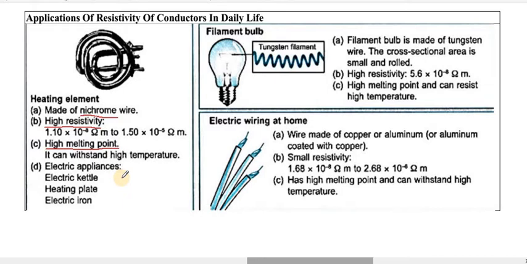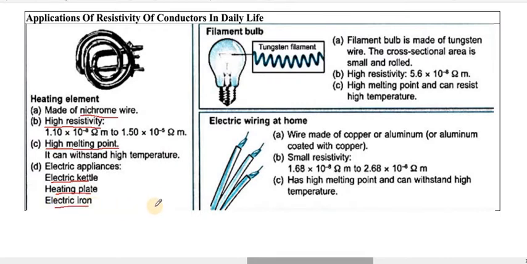If the melting point is not high, then it will melt, and then it will be damaged, it will break. So of course you need a material that has not only high resistivity but also high melting point. Understand? We can use this in electric kettle, heating plate, electric iron, and so on.